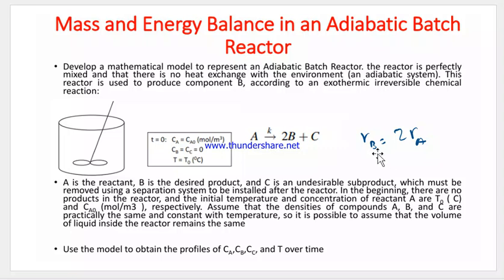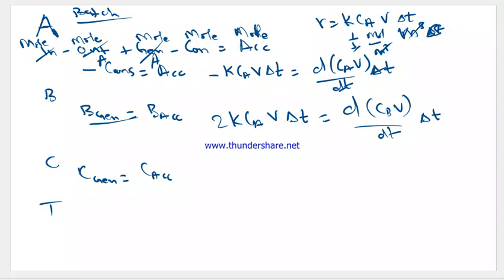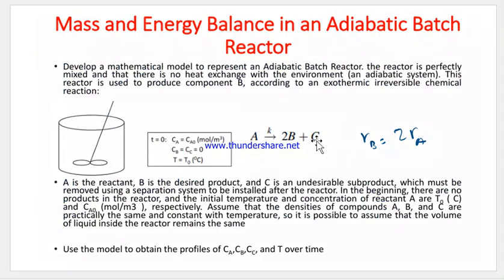Therefore, the rate of reaction of B is twice the rate of reaction of A. So that will be used in the B generation here. That will be 2 kCa V delta T, which is equal to the change in mole, d(CBV)/dt delta T, the mole of B in the reactor. Similarly, for C, RC is equal to RA because they are in the same mole ratio.